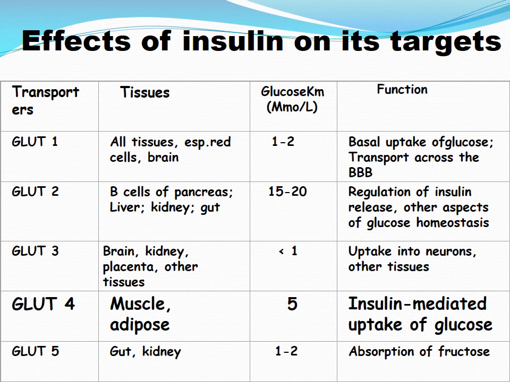These transporters include GLUT 1, 2, 3, 4, and 5. The most important one is glucose transporter 4, which is found on muscle and adipose tissue, and it mediates glucose uptake from the blood into these tissues.